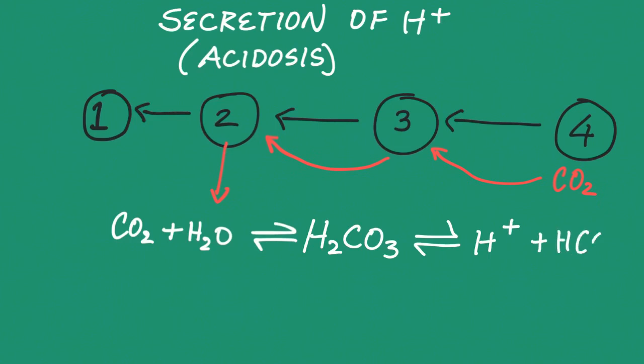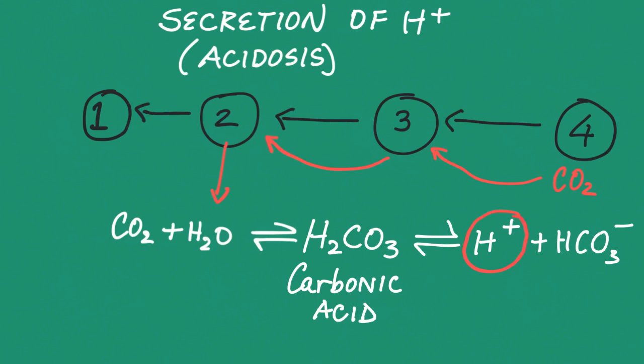If the carbonic acid levels increase, that's the carbonic acid H2CO3, when that increases, the level of hydrogen ions also increases. And the hydrogen ion levels increase within the tubular cell. So there you can see the hydrogen ions increasing.